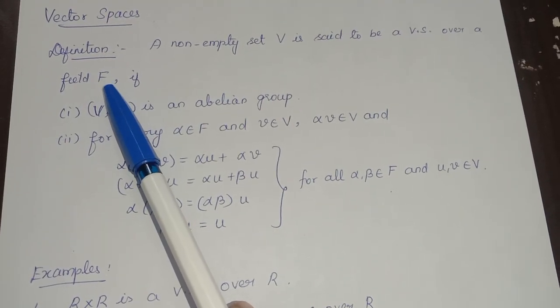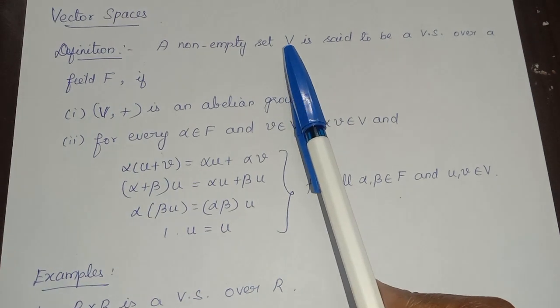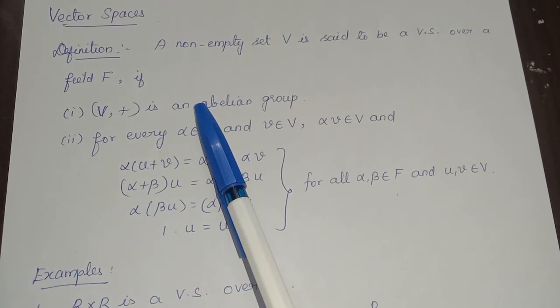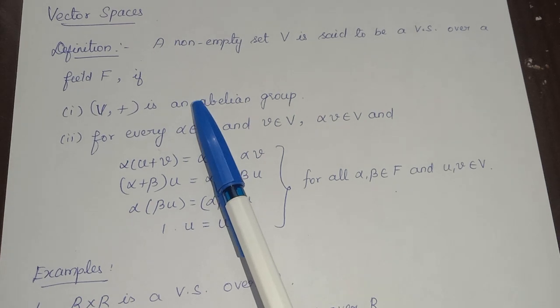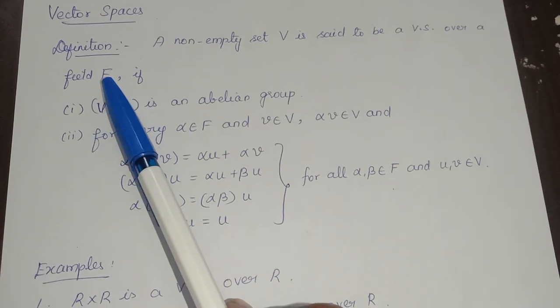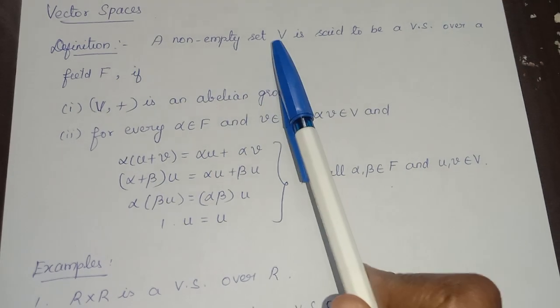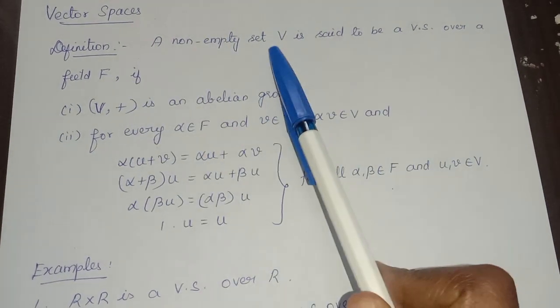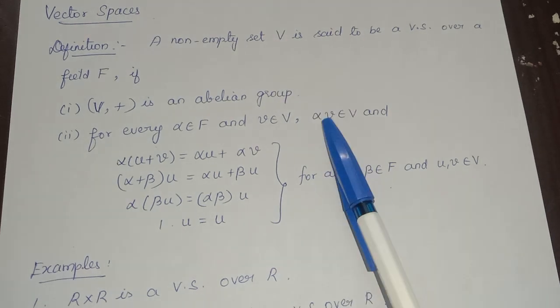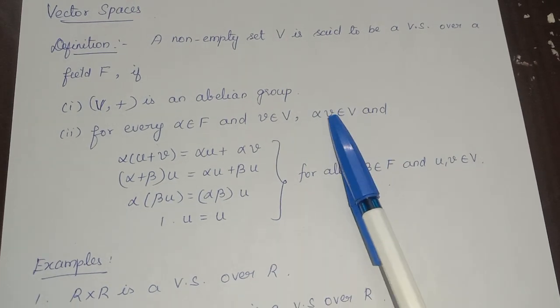So for V to be a vector space, first of all, it has to be an abelian group with respect to addition. Then you take any scalar alpha from the field and any vector here; the product of the scalar and vector is again a vector. This condition has to be satisfied.